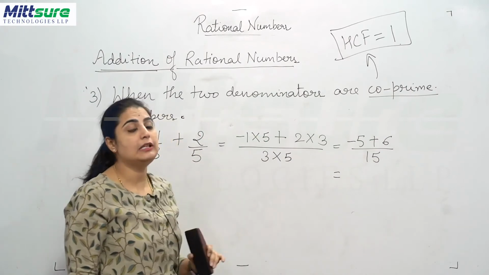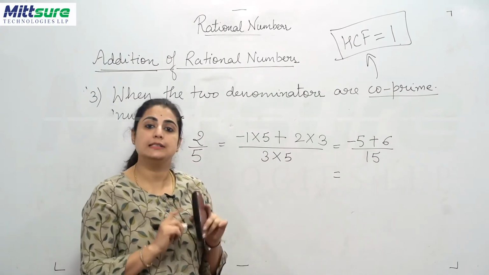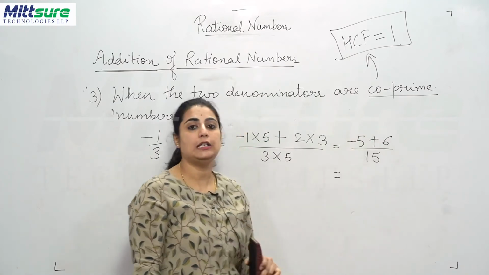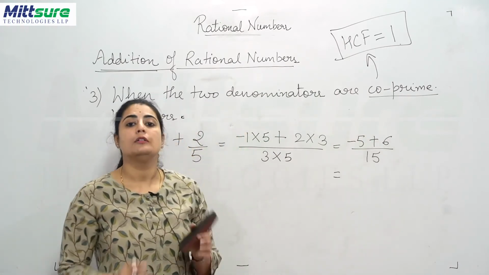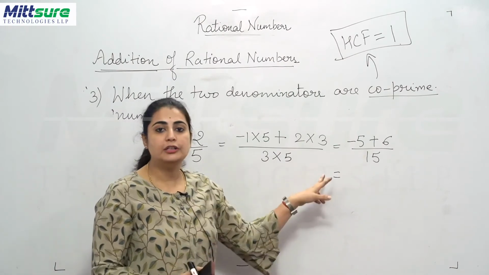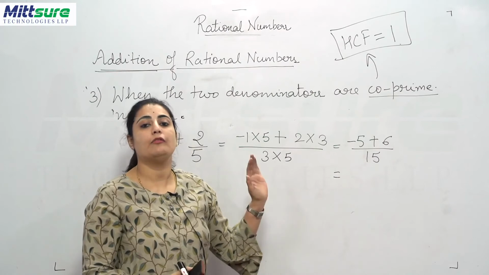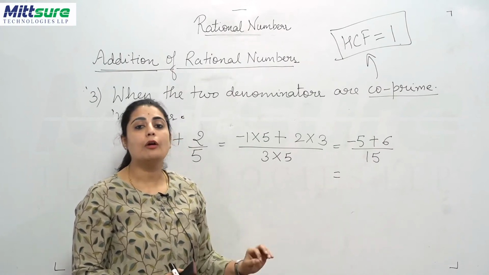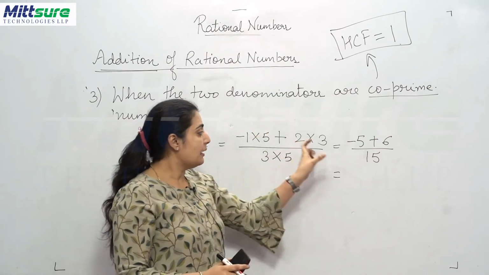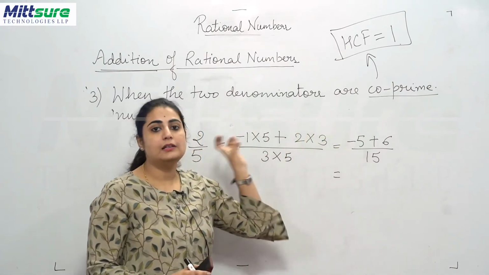Earlier we took the example where the signs were the same, and here when the signs of the integers are different, what are we supposed to do? We subtract the numerical values of the two integers irrespective of their signs. Without keeping the signs in mind, we simply subtract the numerical values.